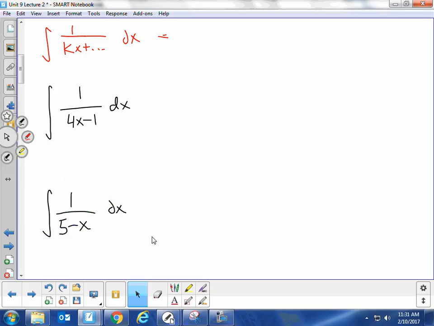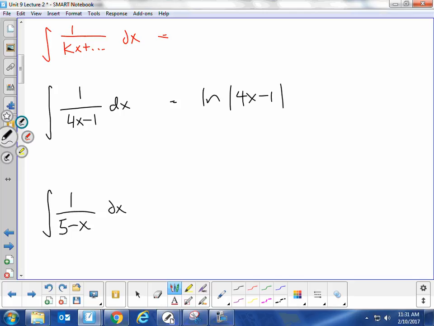We could use U-Substitution here. I don't think it's necessary. What do we think the antiderivative of 1 over 4x minus 1 is? The log of 4x minus 1 would not be correct. Nope, that would not be correct as well.